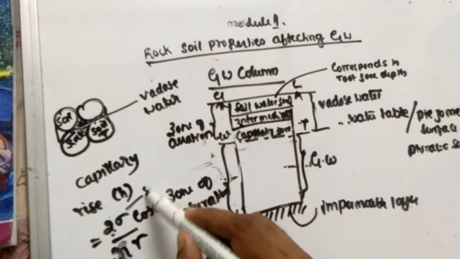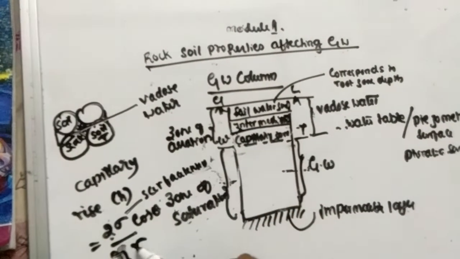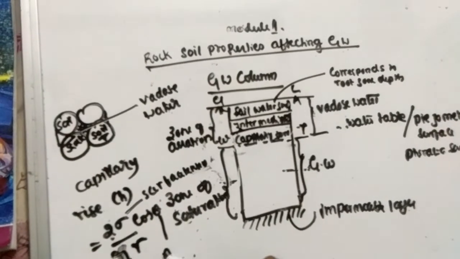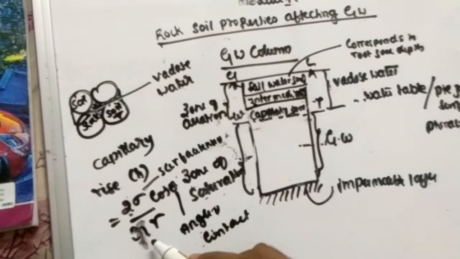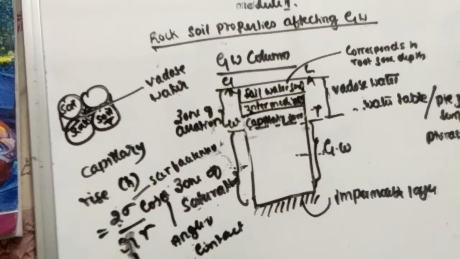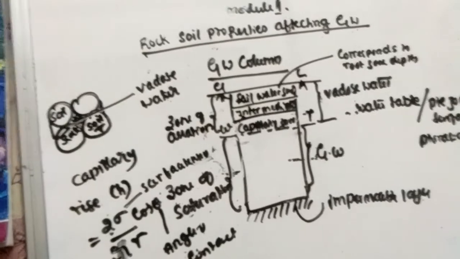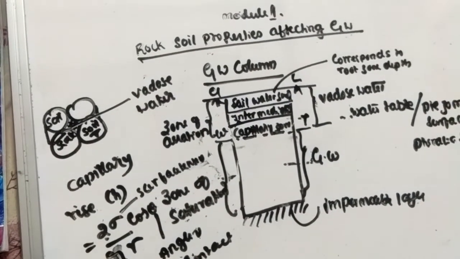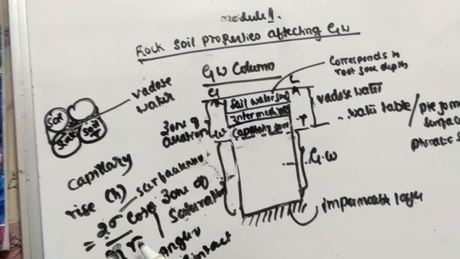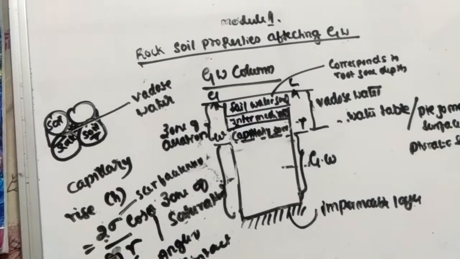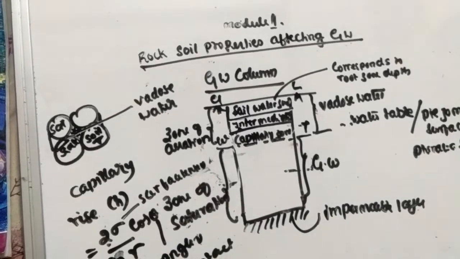Sigma is the surface tension of water, theta is the angle of contact, r is the radius of the capillary tube, and gamma is the specific weight of water.